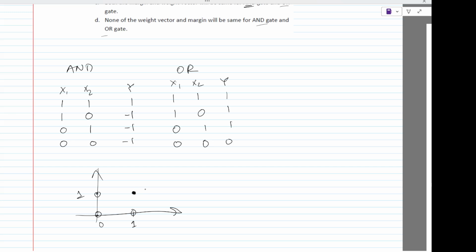This dot is plus 1 and this cross is minus 1. So your decision boundary should be something like this, and this will be your maximum margin, something like this, right? This is your decision boundary.